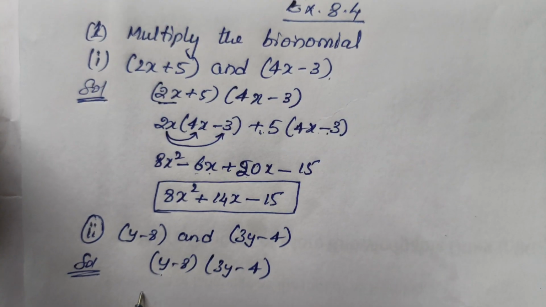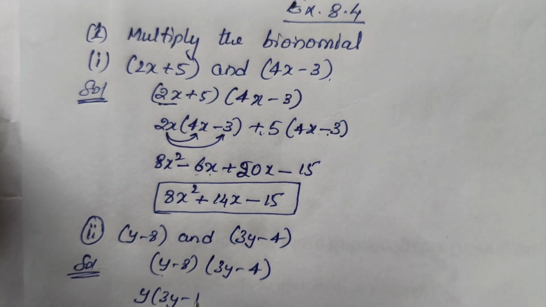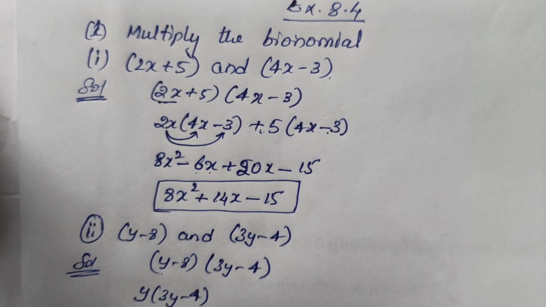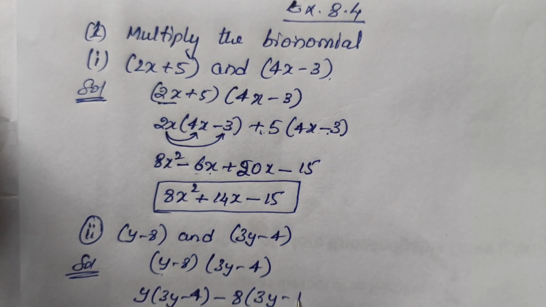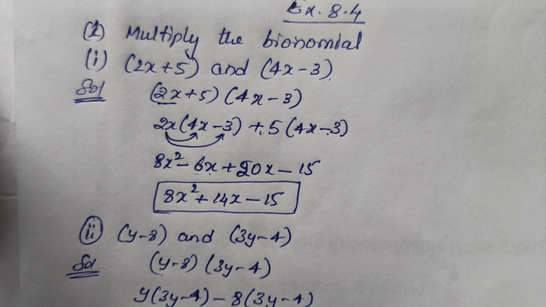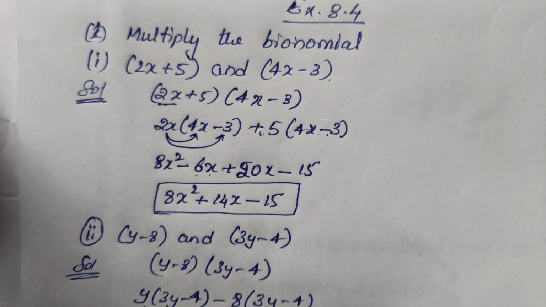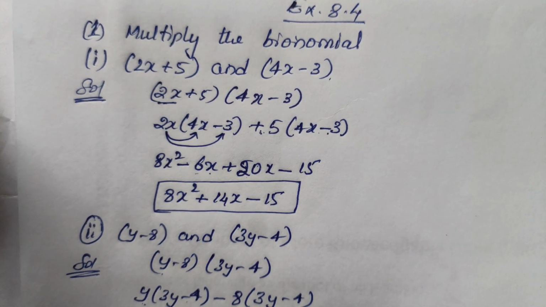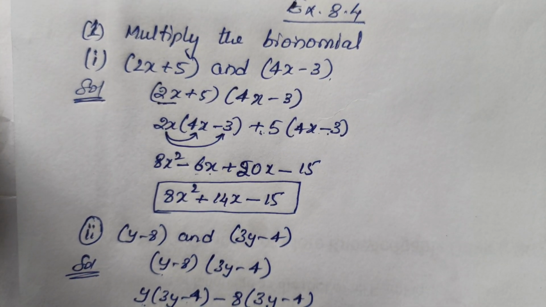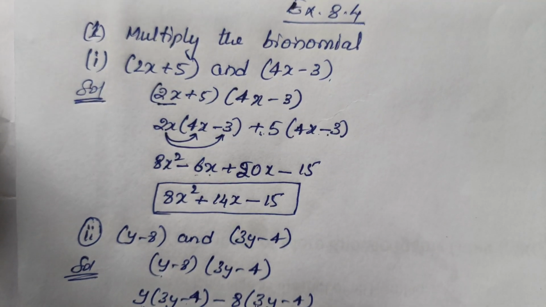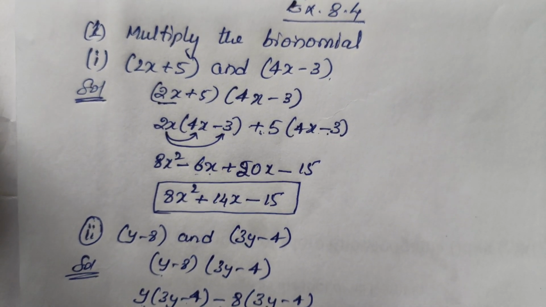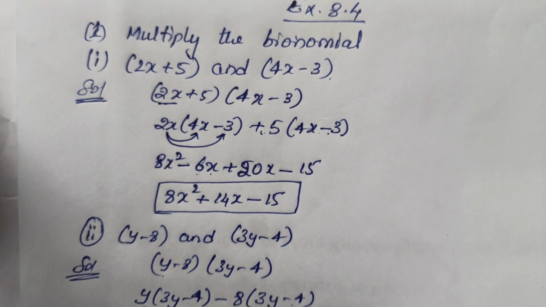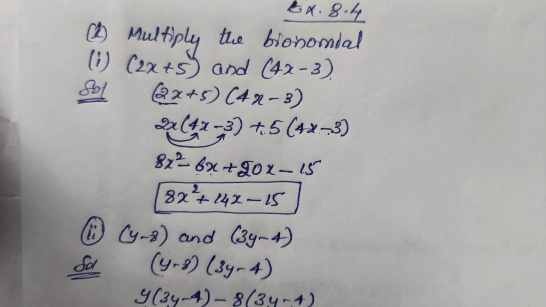So let's multiply y into (3y - 4), minus, as it is, 8 into (3y - 4). So now multiply. y into 3y is 3y square, minus into plus is minus, 4 into y is 4y, minus into plus is minus, 8 3s are 24y, minus into minus is plus, 8 4s are 32.